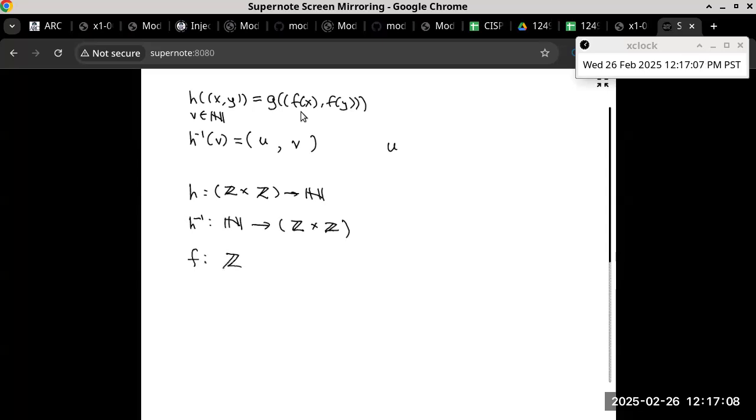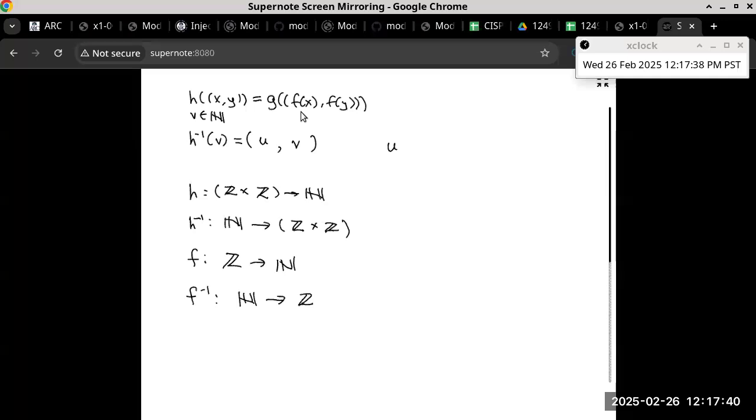F maps from the set of integers to the set of natural numbers. So F inverse is going to do exactly the opposite. It maps from natural numbers back to the set of integers. So U is supposed to be an integer, but we need a step in between because we need to use G inverse.